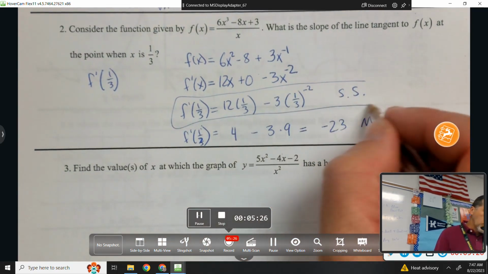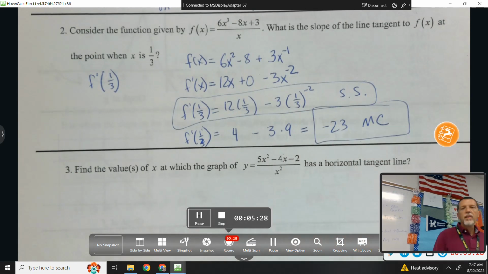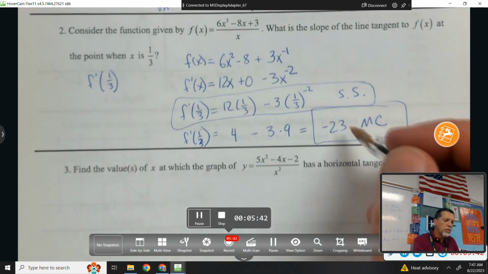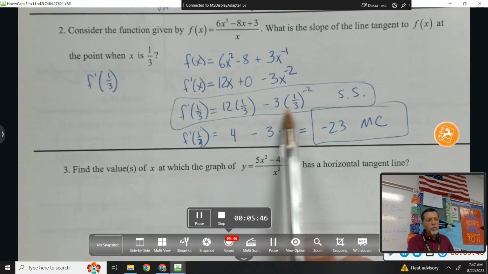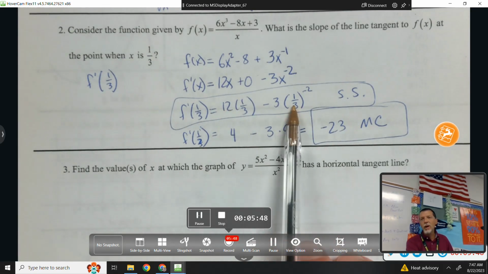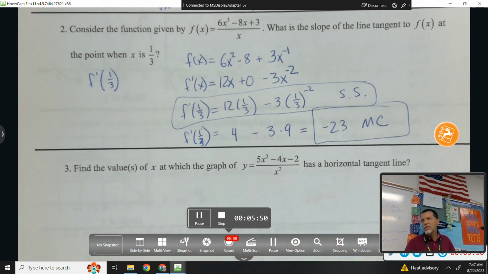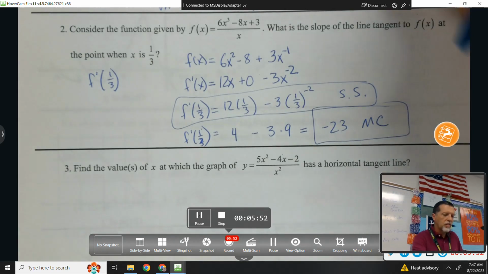Negative 23 is the multiple choice answer. Substituted but not simplified is the safe stop answer. So again, kind of depends on the situation which one you would use. Occasionally we will use the derivative to do other things in the problem, and if that's the case, you probably don't want to be carrying this throughout the whole problem. You probably want to simplify that and then just use negative 23 the rest of the way.